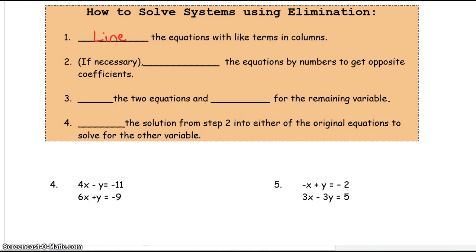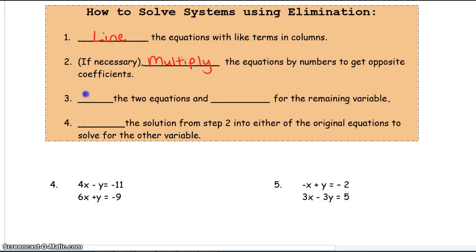Alright, if necessary, we're going to have to multiply the equation by numbers to get opposite coefficients. For example, this one is not necessary because they cancel. But in this one, you might have to multiply the top by 3 in order for it to cancel.